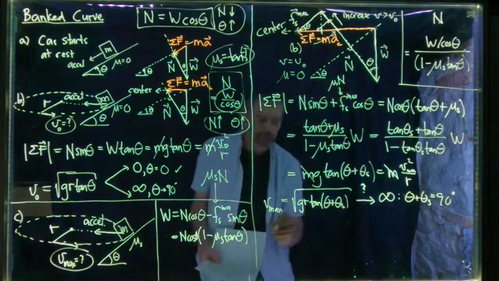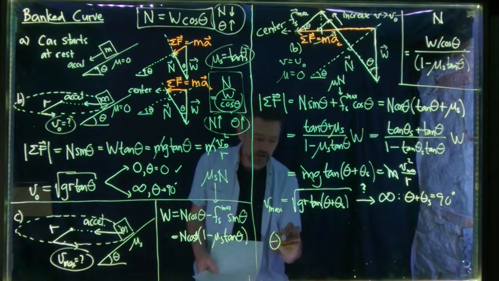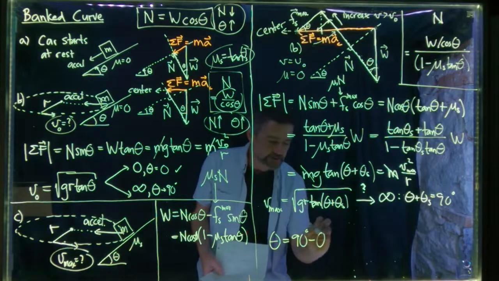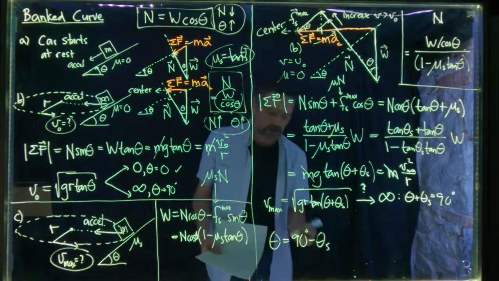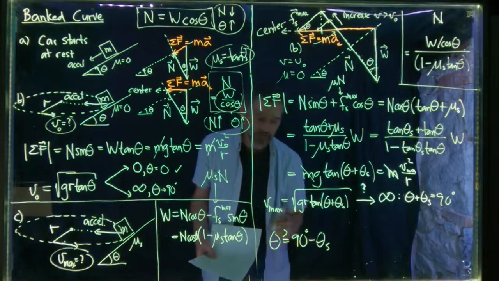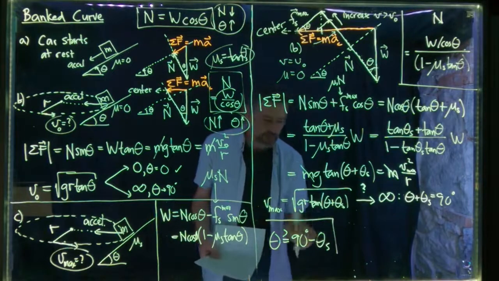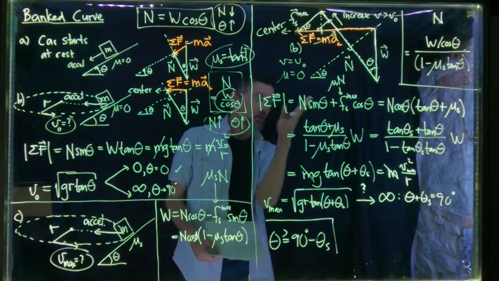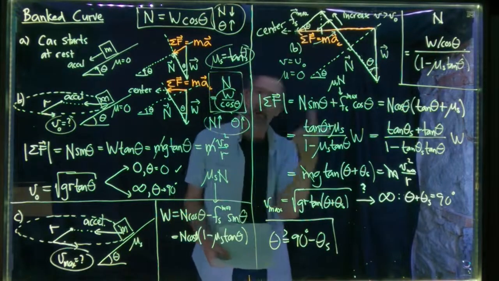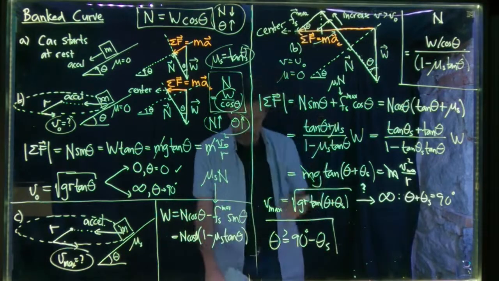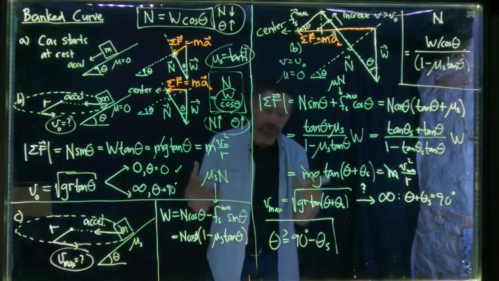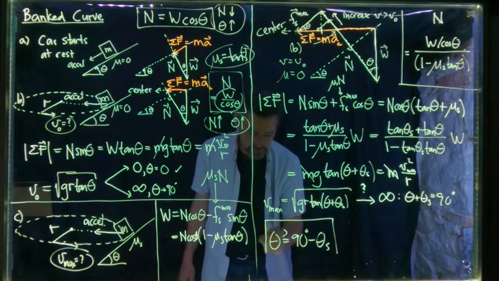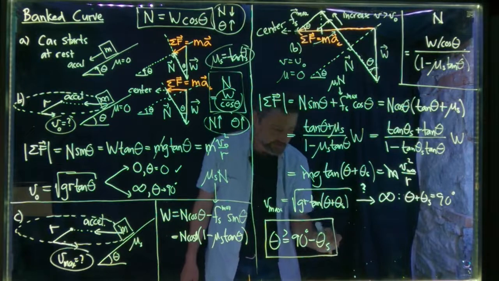Or in other words, if the bank angle is equal to 90 degrees minus the static friction angle, or of course greater than that, okay? If the bank angle is this angle or steeper, you can actually go around that banked curve at infinite speed, arbitrarily large speed, without breaking static friction and sliding up.